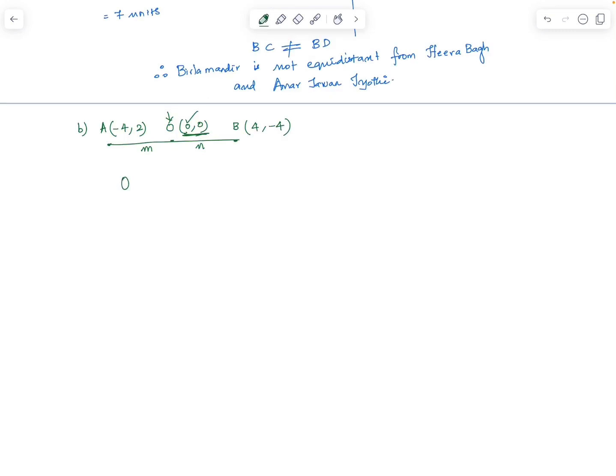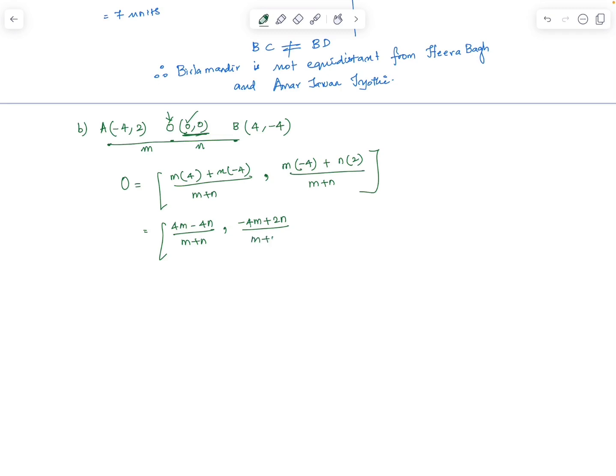By the section formula, O is equal to m times 4 plus n times minus 4 by m plus n. And the y coordinate is m times minus 4 plus n times 2 upon m plus n, which is 4m minus 4n upon m plus n, minus 4m plus 2n by m plus n.